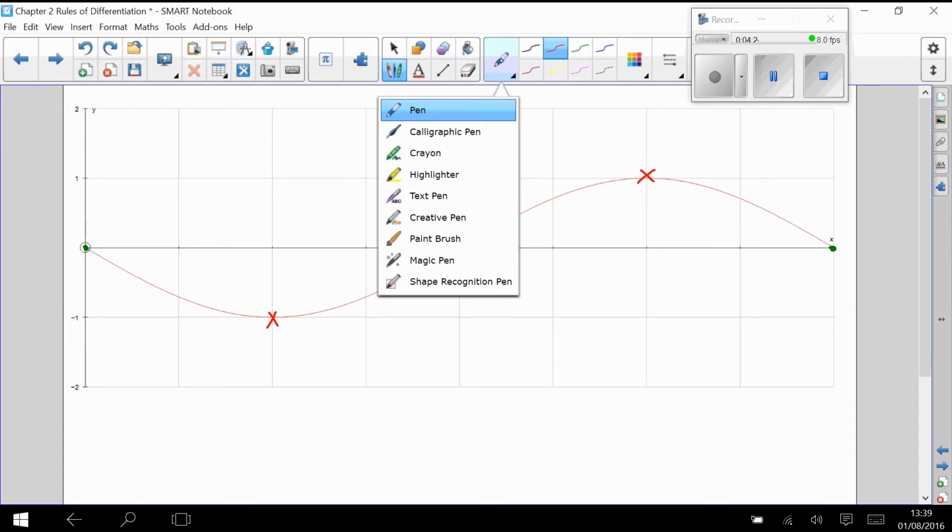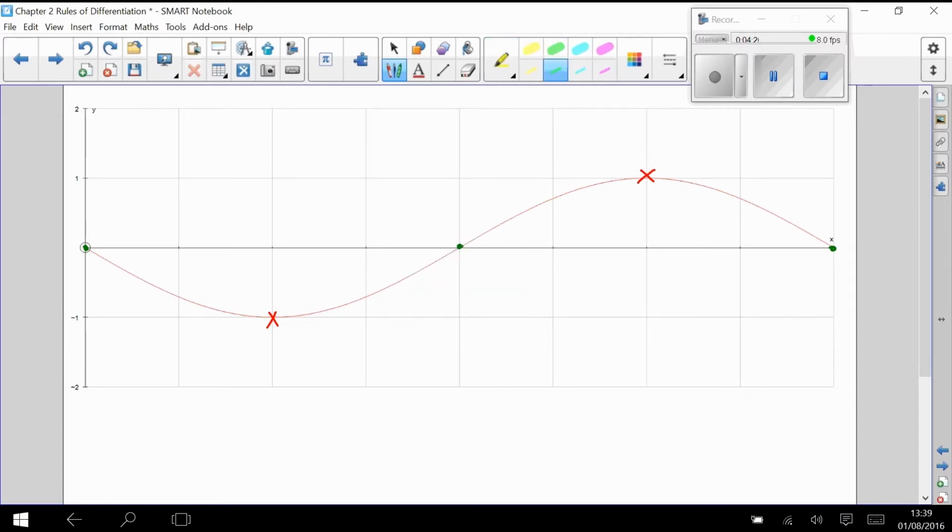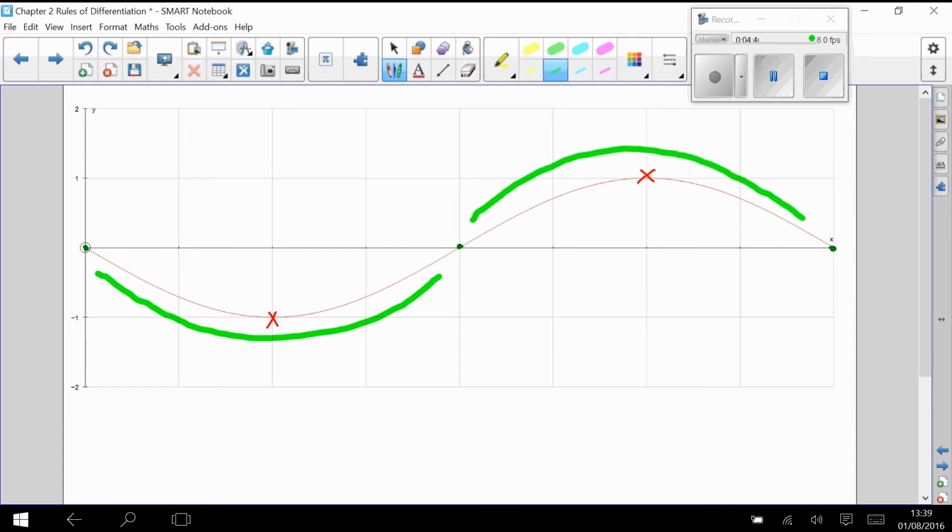If it decreases, then I have to show that as a negative y value on the derivative function, and that is why I've drawn it below the x-axis. Then, after pi, it has an increasing gradient, and that is reflected with a positive y value on the derivative function, represented over here.